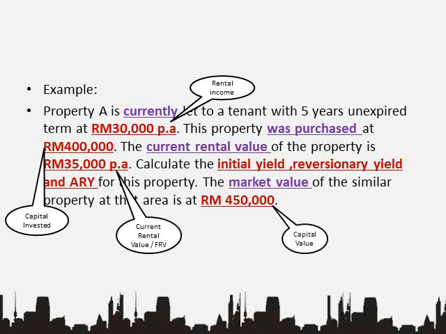Next is capital value, which is the current market value. Even though you bought that property at 400,000, today the value is 450,000. So the capital value we also call the market value. That's how to determine them.